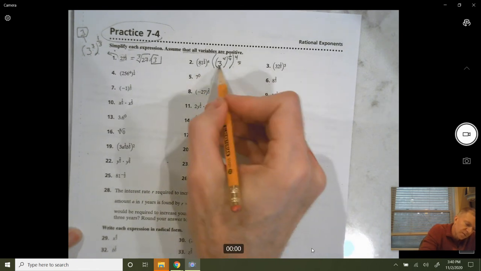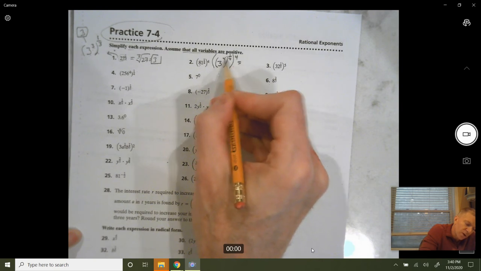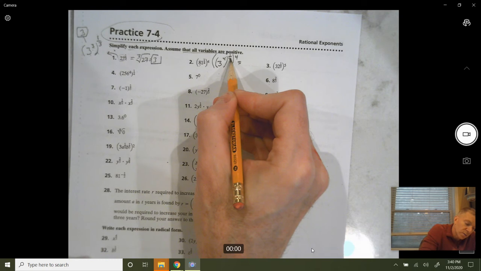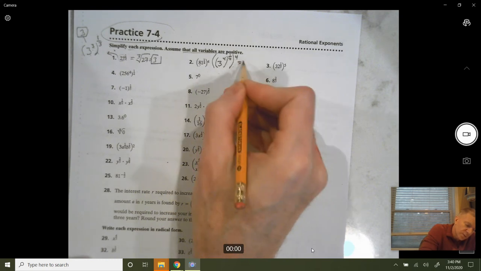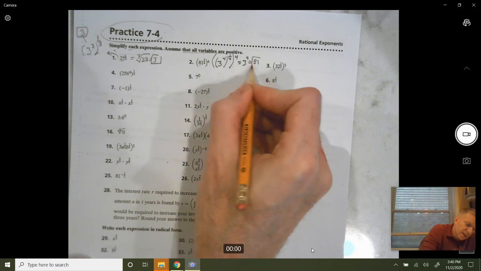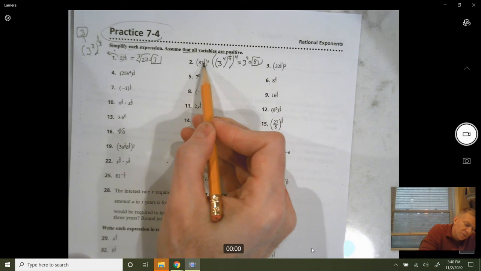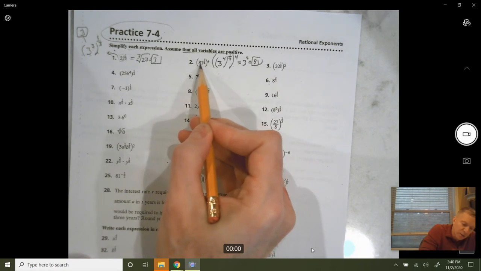You get 3 to the 4th raised to the 1/4 raised to the 4th. So you can multiply all three exponents. 4 times 1/4 is 1. 1 times 4 is 4. So I get 3 to the 4th, which is 81. Okay. You might be thinking, a power of a power, I could have just multiplied that 4 times the 1/4 and got 1, and I'm left with 81. That's fine.